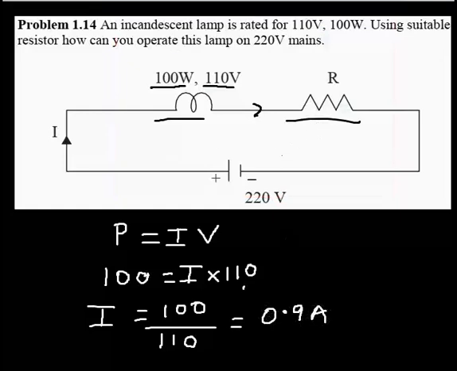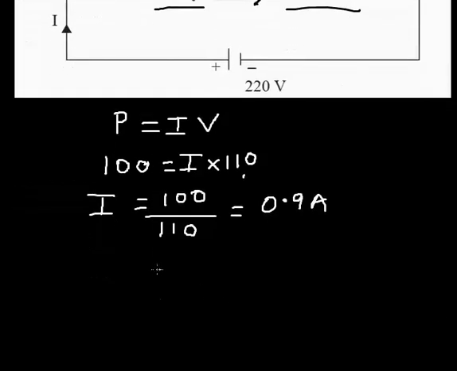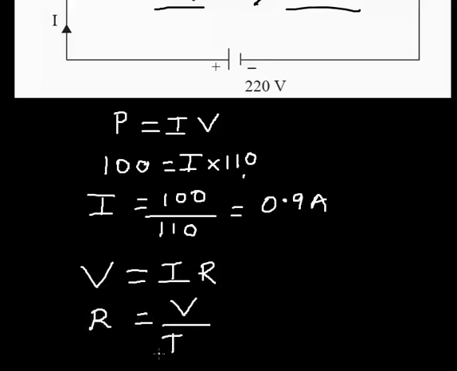So that's the current that's passing through the resistor R. We can use Ohm's law to get the resistance. According to Ohm's law, V is equal to IR. So the resistance R is going to be equal to V divided by I. The V is the supply voltage, that is 220 volts.